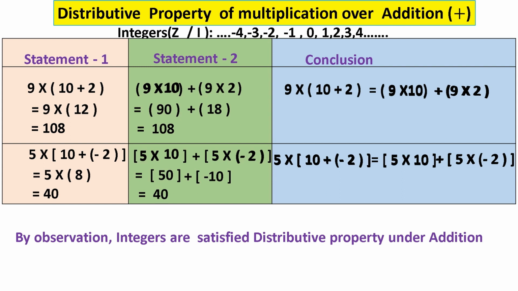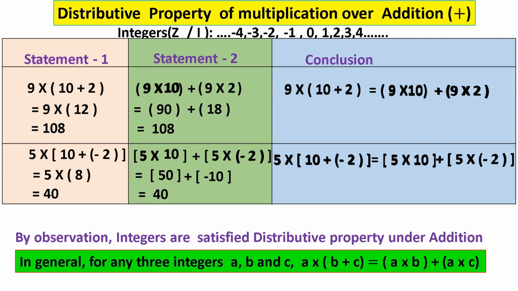So by observation from this table, integers satisfy the distributive property under addition. In general, for any three integers a, b, c, a into b plus c, it means a of b plus c, is equal to a into b plus a into c.